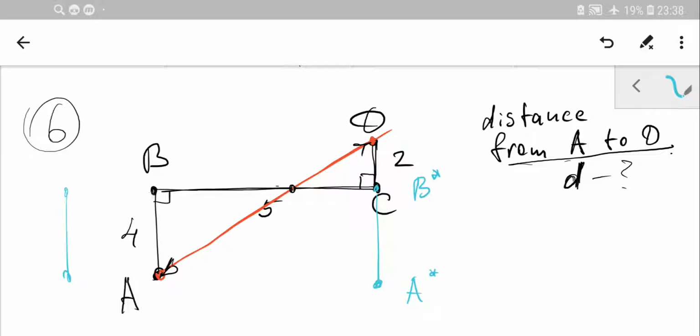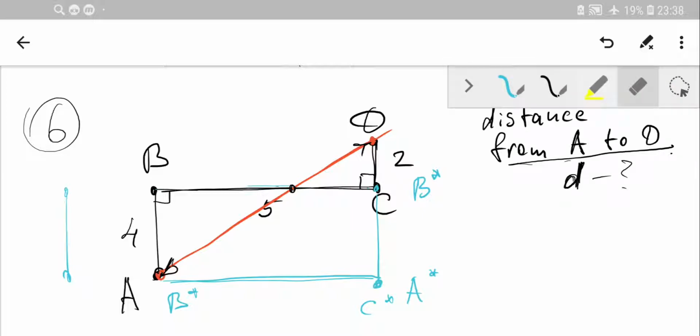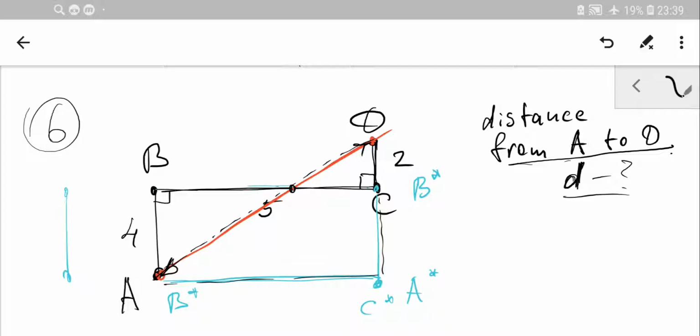And we actually need to transfer the whole part down, okay? So, I mean, this is actually B star, B goes here, and C star is here. So actually, what we have is this big right angle triangle.